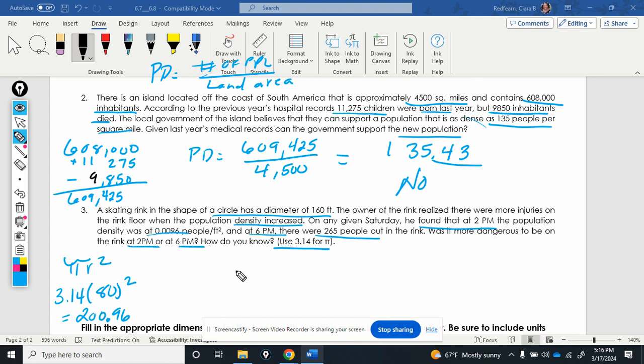So, in order for us to find the population density, let's start at the first one, which was at 6 p.m. The population density at 6 p.m. was 265 people, because it says 265 people were on the rink. So the population density at 6 p.m. was 265 over our area, which is 20,096.